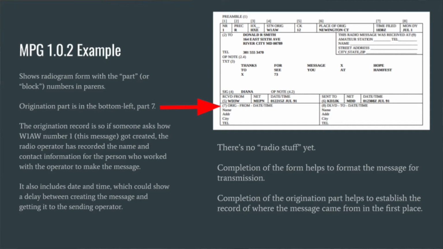So the origination record is so that if somebody asks a question, where did some message come from? If it gets traced all the way back to the station that brought that message on air, we have the ability to see the person. How did that actually get handed off?